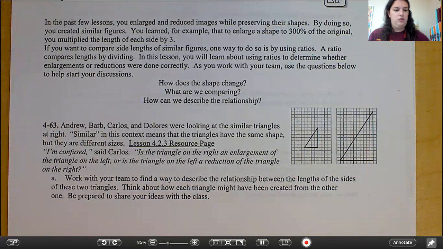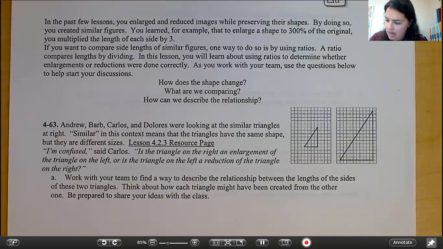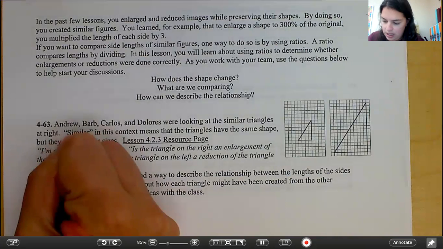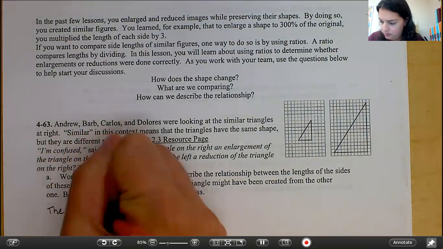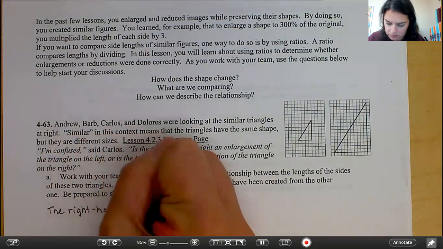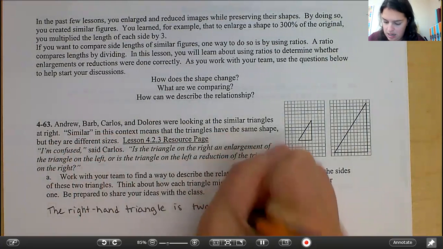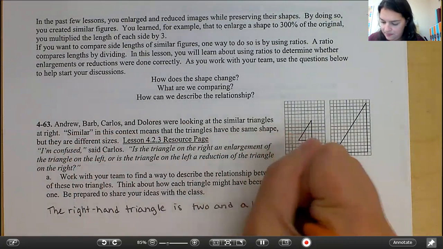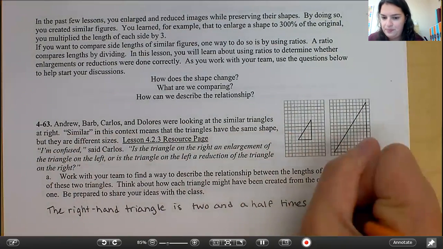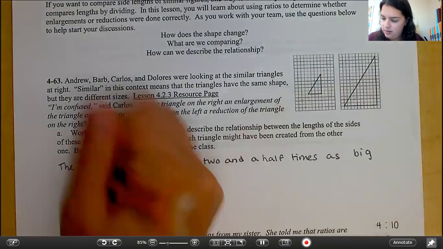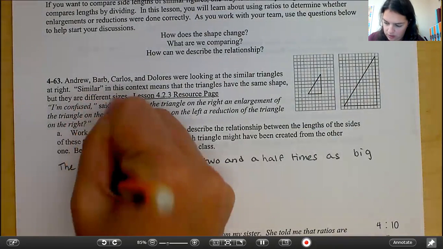Okay, if you're back with me, that means you have answered question part A. So let's talk about this. If we were talking about the right-hand triangle, hopefully you said something along the lines of the right-hand triangle is 2.5 times as big as the left triangle.